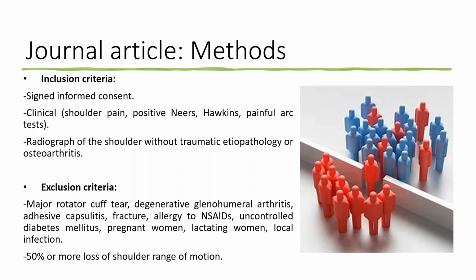If fracture or arthritis, rotator cuff tear, prior allergic reaction, and uncontrolled diabetes were noted, participants were excluded. Pregnant and lactating women were excluded, and participants with greater than 50% loss of range of motion of the shoulder were excluded.